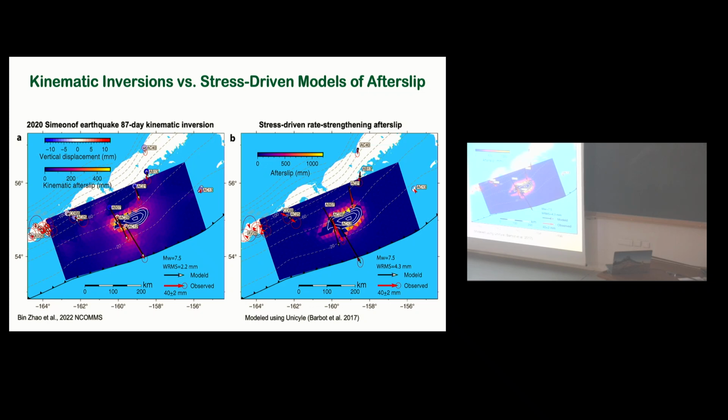The model on the right is a stress-driven model. So this is where I'm using Sylvain Barbot's unicycle model that essentially implements that equation that I showed you earlier, which you'll see in just a sec here. And we solve for the evolving slip rate as a function of time and space surrounding the rupture that just happened.